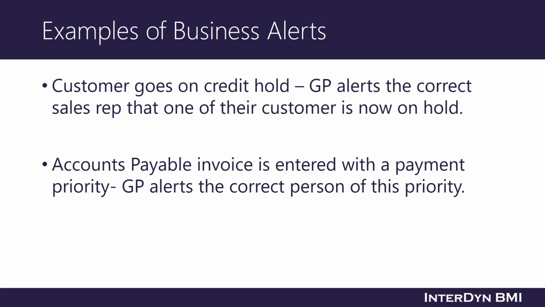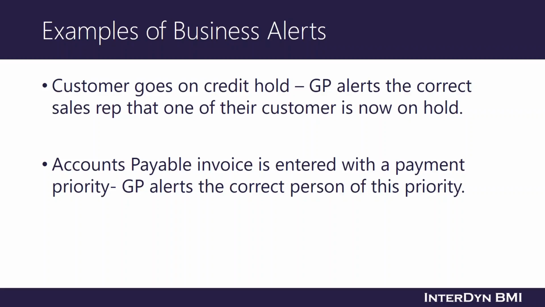Another example that's fairly common might be if an accounts payable invoice comes in and it's entered, and as most of you probably know, you can have payment priorities set up now on your vendors. That's been around for quite a few versions. And if an invoice goes in and that is attached to a vendor that has a high payment priority, GP Business Alerts can notify the correct person of this priority.